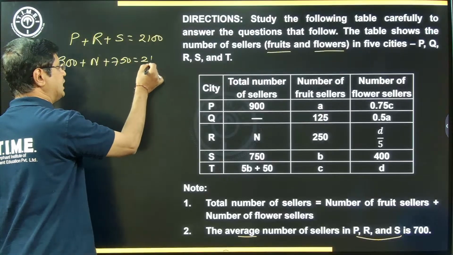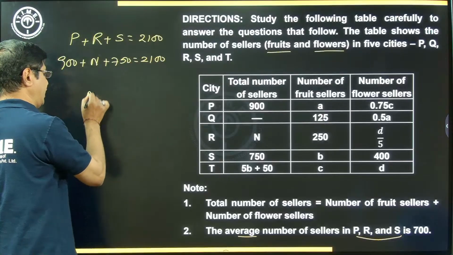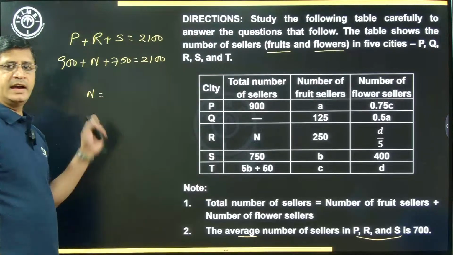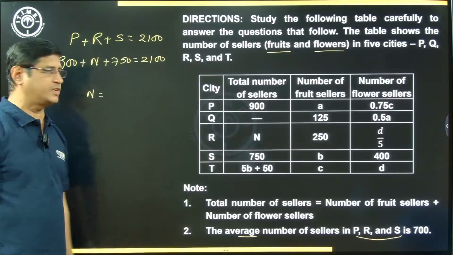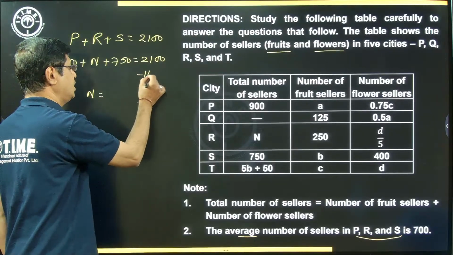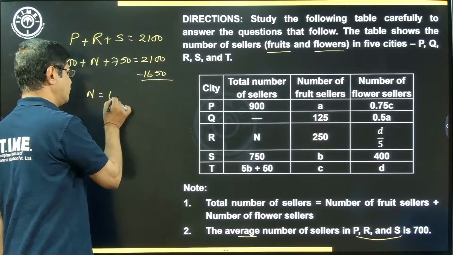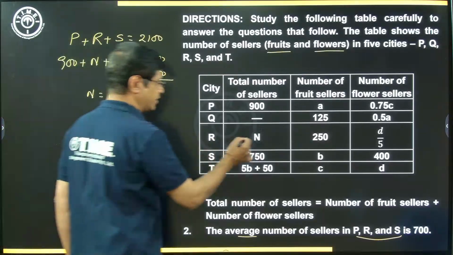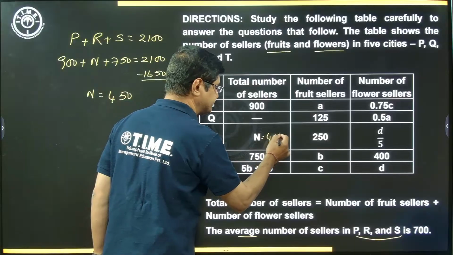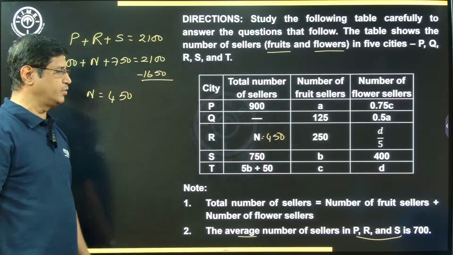It is equal to 2100. Find the value of N. 900 plus 750 is 1650. Subtract 1650 from 2100, it will give 450. That is the value of N. N is equal to 450.